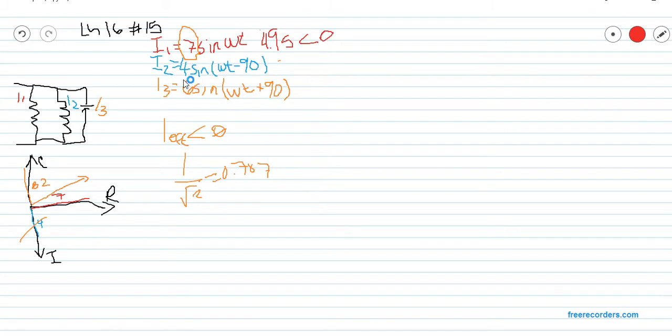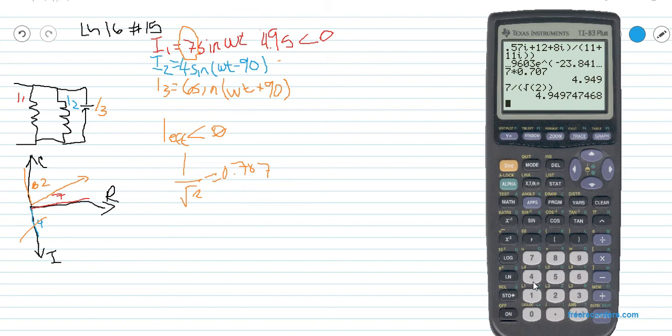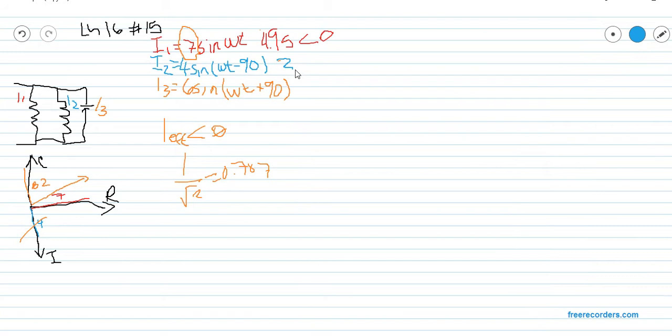The next one, 4 times sine omega t minus 90. Remember, the inductors pull downward. We have 4 times 0.707, 2.82, we'll call that 2.83.